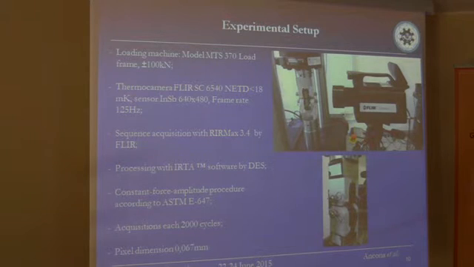The sequence acquisition and elaboration of the thermographic data were made by RIRMAX, and the data were processed with IRTA software by LESS. A constant force amplitude procedure was used according to ASTM, with acquisition every 2000 cycles and a geometric resolution of 0.067 millimeters.